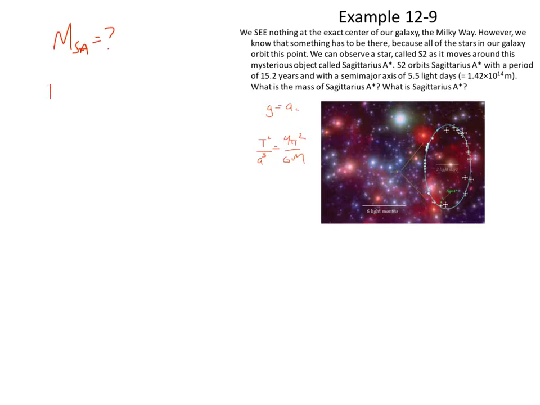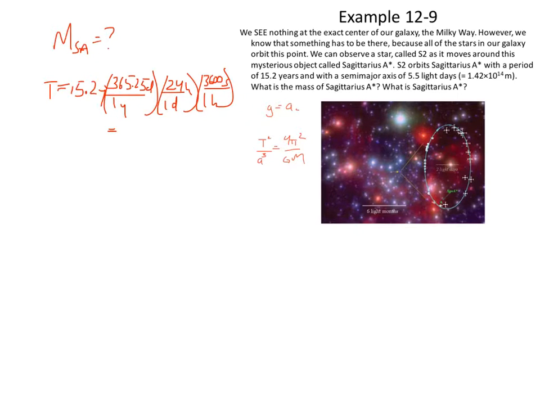So T equals 15.2 years. We need to convert that to seconds, right? So 1 year is 365.25 days. 1 day is 24 hours. And 1 hour is 3,600 seconds. We're going to convert that to seconds.